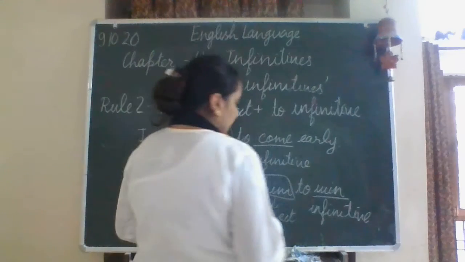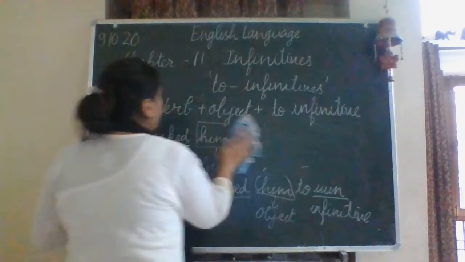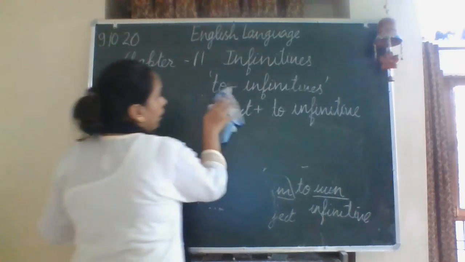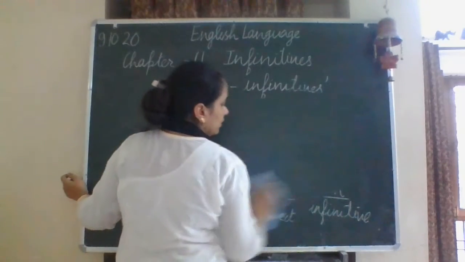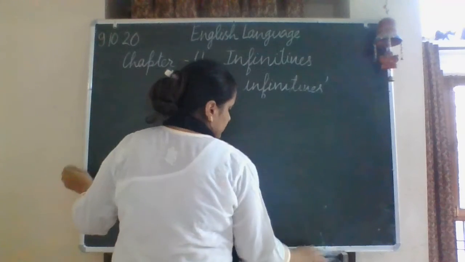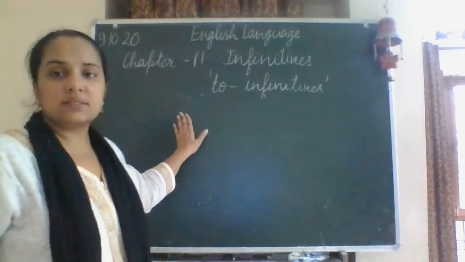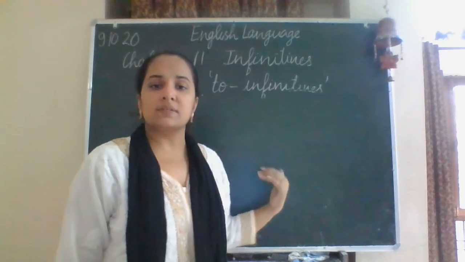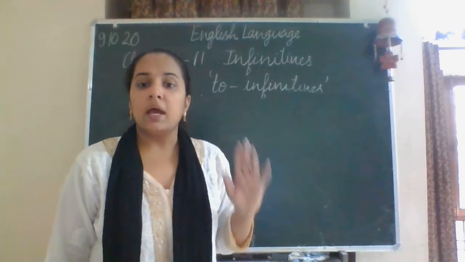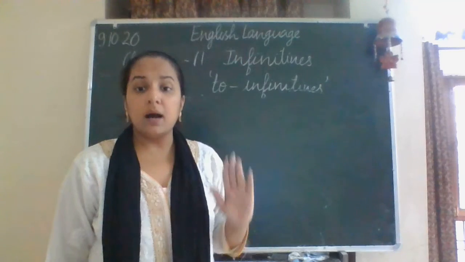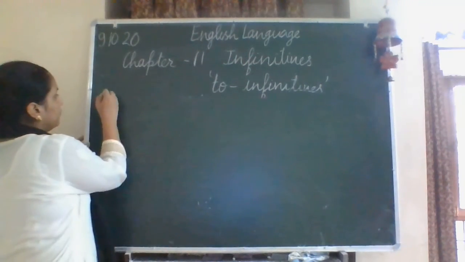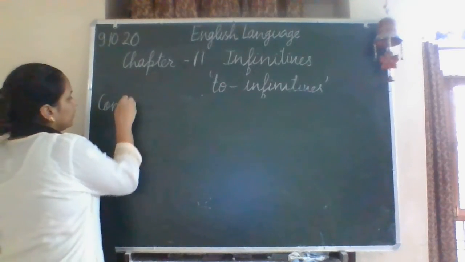Now I'll tell you about some of the common verbs which are used in these infinitives. The first one, where the infinitive will come just after the main verb, or the second, where there will be an object between the verb and the infinitive.